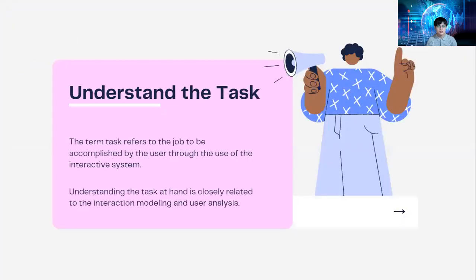Next is understand the task. What are the different tasks in the system? The term task refers to the job to be accomplished by the user through the use of the interactive system. So what are the different features of your system? For example, if the user clicks this icon, what's going to happen? If the user clicks the login button, the user will be navigated to the dashboard, or to his profile, something like those things.